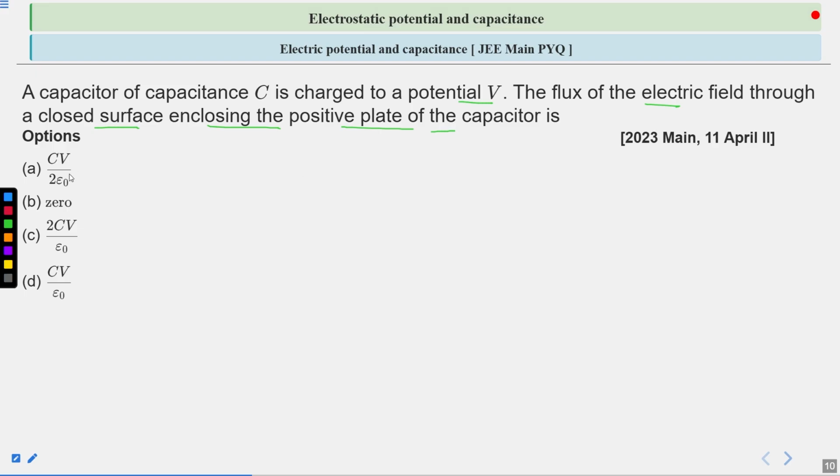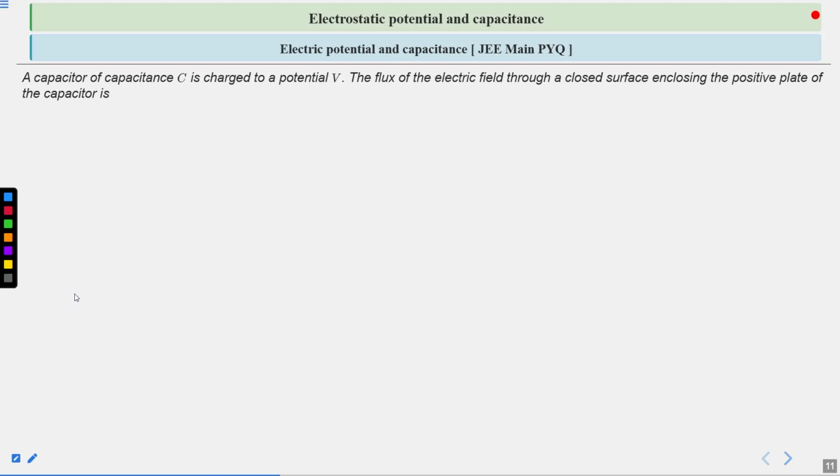The options are CV by 2 epsilon naught, 0, 2CV by epsilon naught, or CV by epsilon naught. I will give you some time. So let's see the answer. D is the correct option, CV by epsilon naught. So let's see the solution.